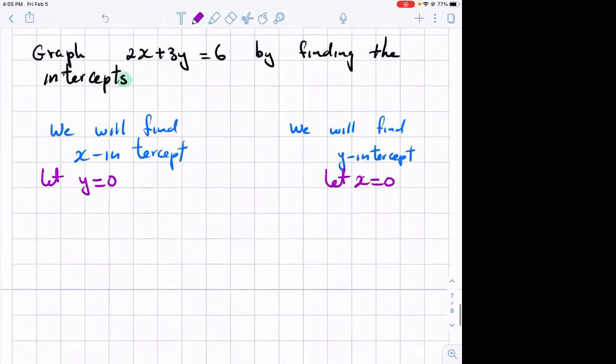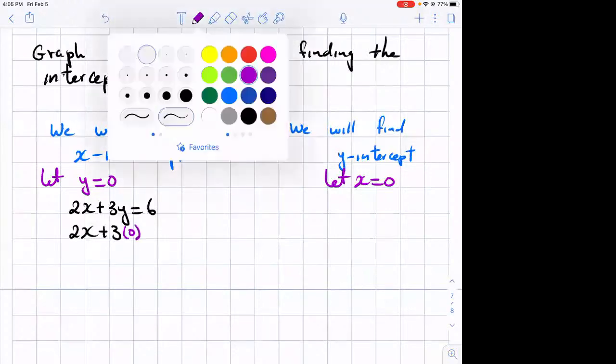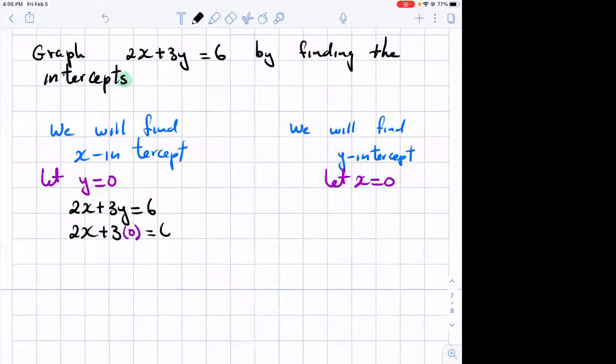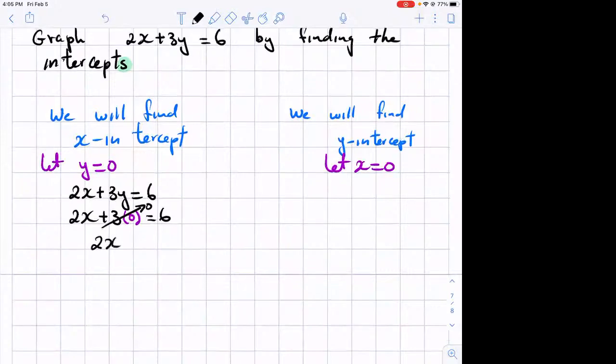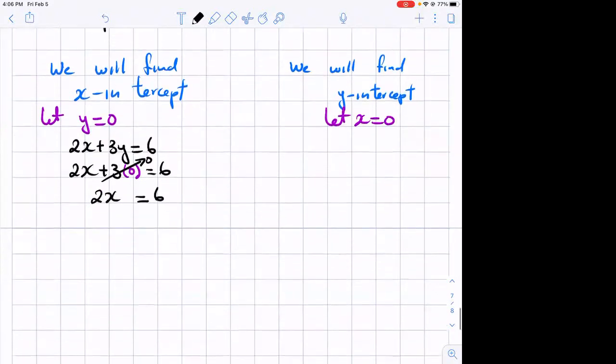So our equation is 2x plus 3y equals 6. So 2x plus 3, and instead of y, we replace it with 0. So what happens is that this becomes 0, because 3 times 0 is 0. So you're left with 2x is equal to 6. Okay?